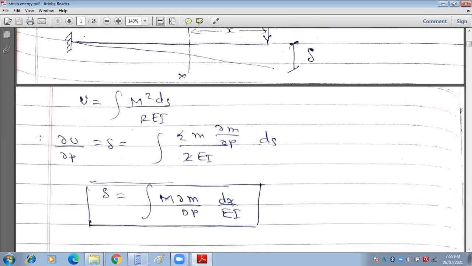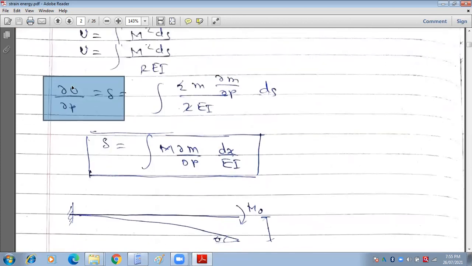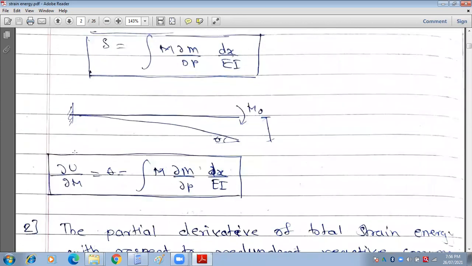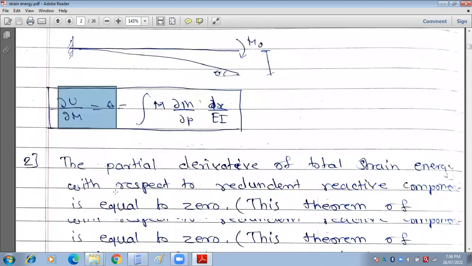The partial derivative of this strain energy with respect to the applied load gives you the deflection, and the partial derivative with respect to the moment will give you the slope.